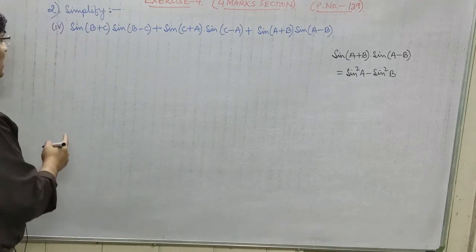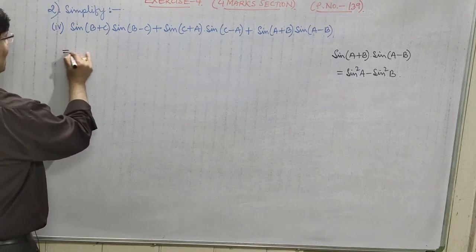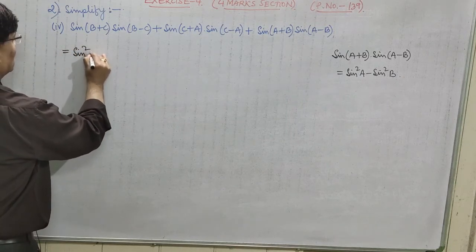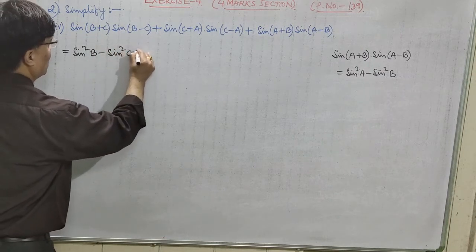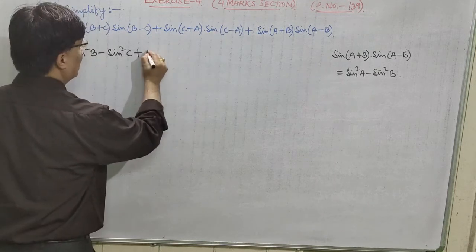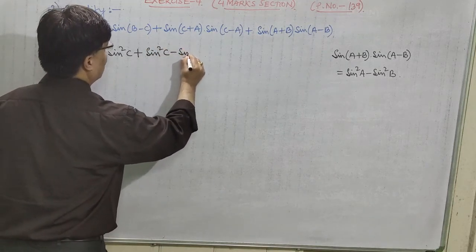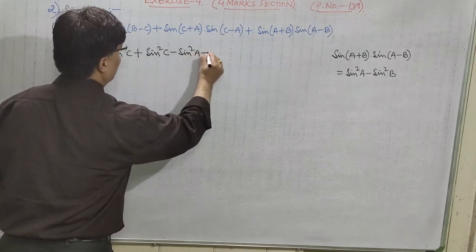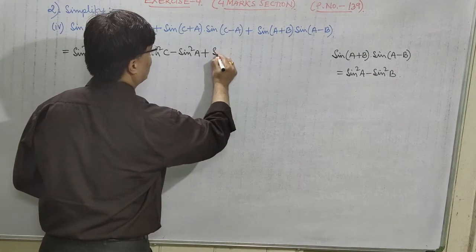Okay, so here sine of (b plus c) into sine of (b minus c), use that formula, which is equal to sine square b minus sine square c, plus, similarly, what is sine of (c plus a) into sine of (c minus a)? This is sine square c minus sine square a, plus, what is sine of (a plus b) into sine of (a minus b)?